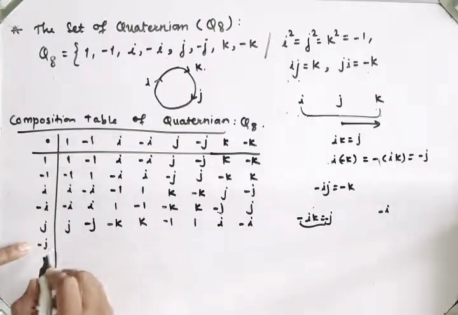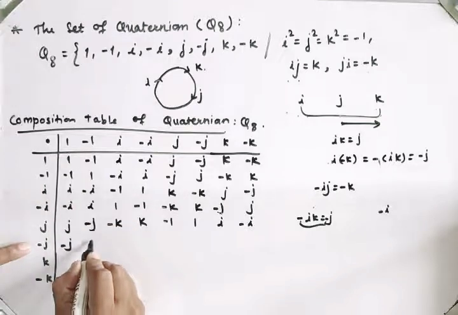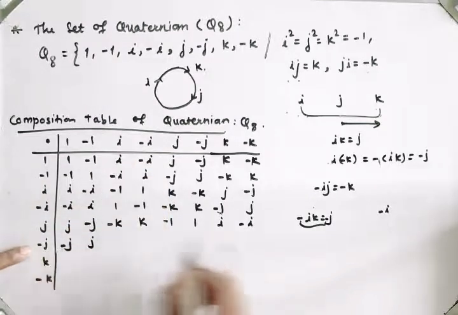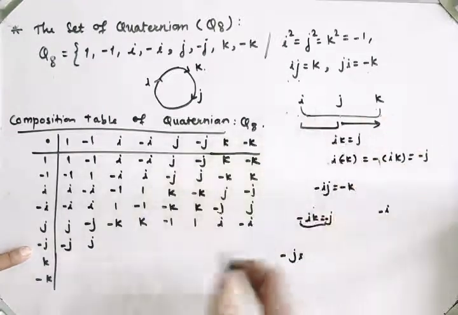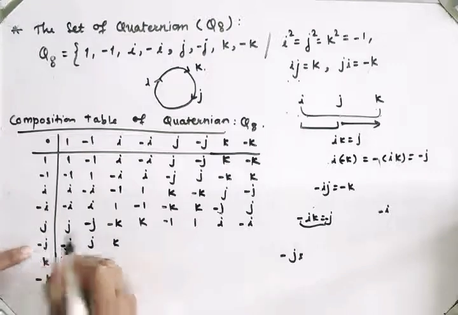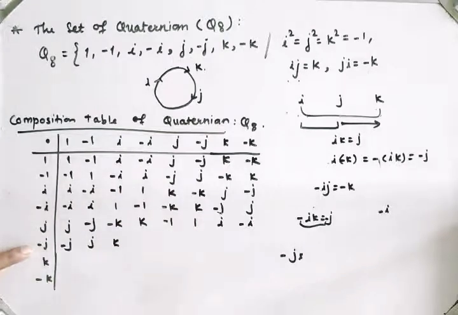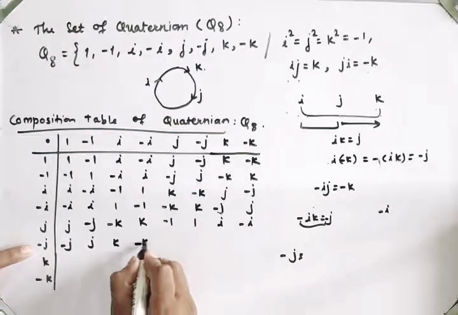So next multiplication, minus j: minus j into i, so j into i is minus k, minus minus plus k. Minus j into minus i, minus minus plus, j into i which is minus k.